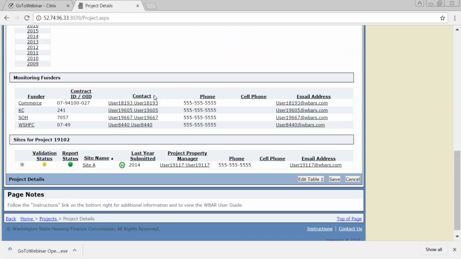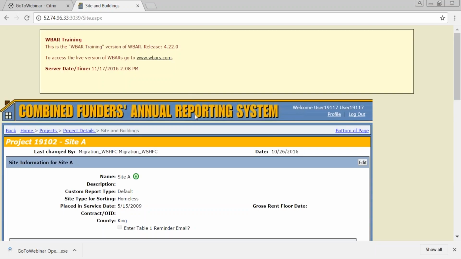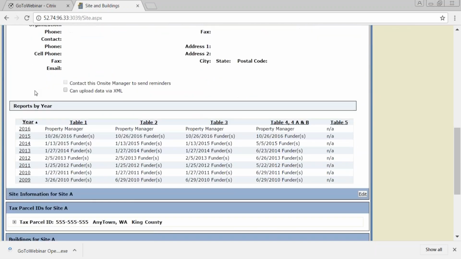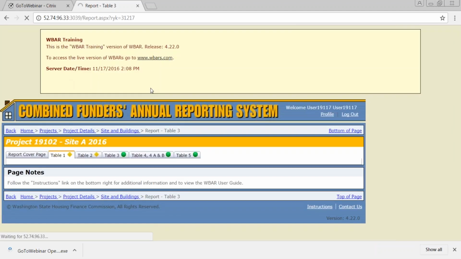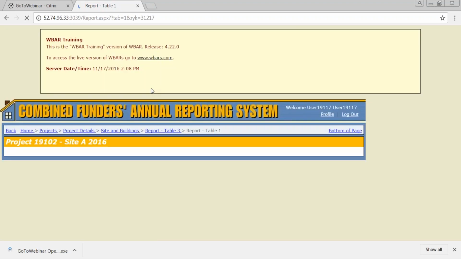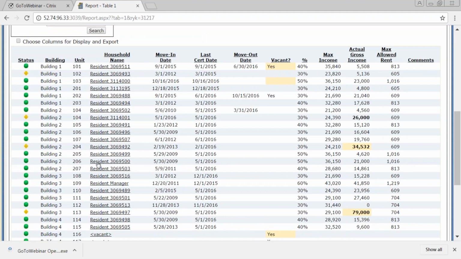So I'm going to select the site name, and I'm going to scroll down to Reports by Year, and I'm going to select the 2016 report. And now I'm going to move over to Table 1. So we're going to start at looking at Unit 119.